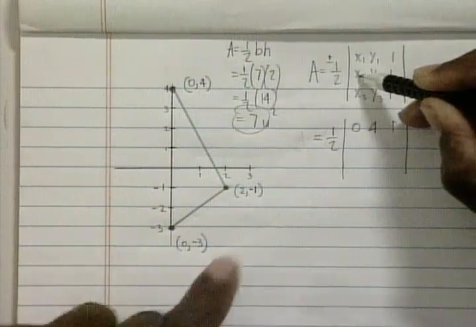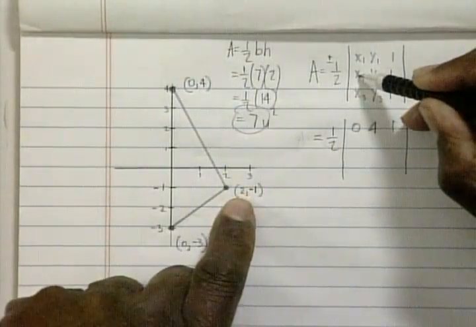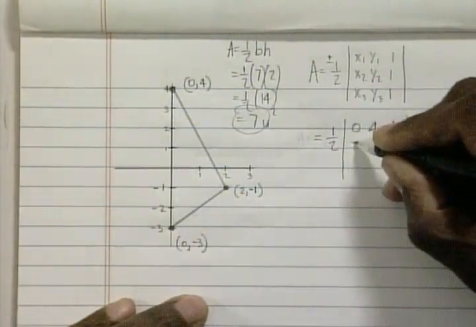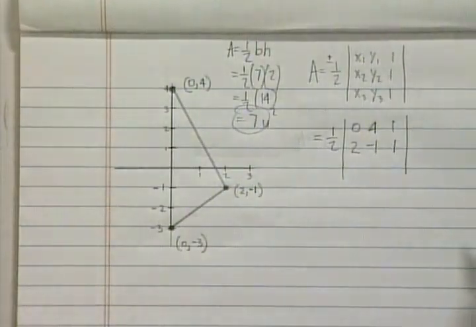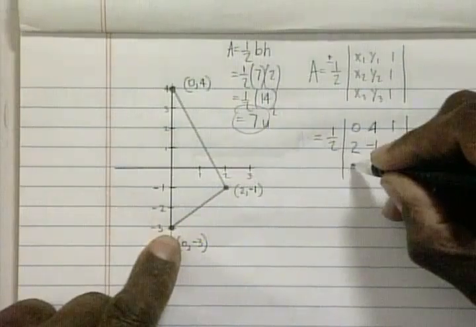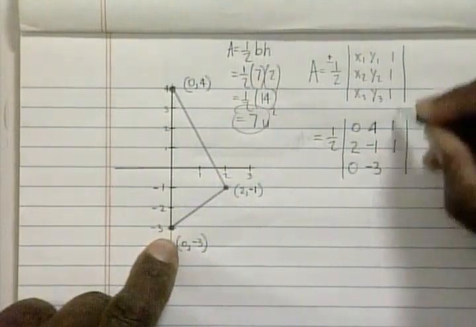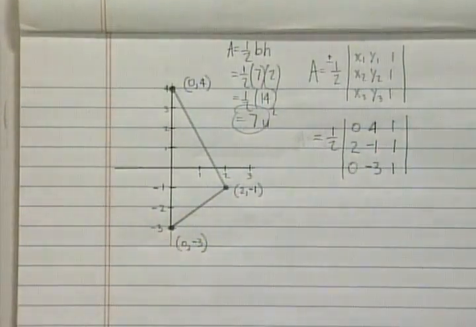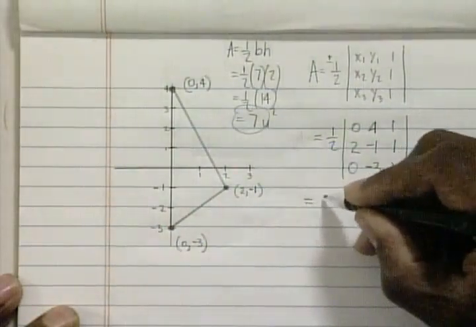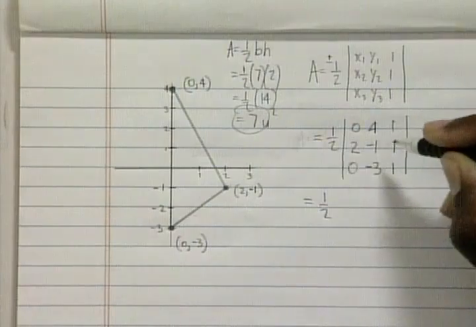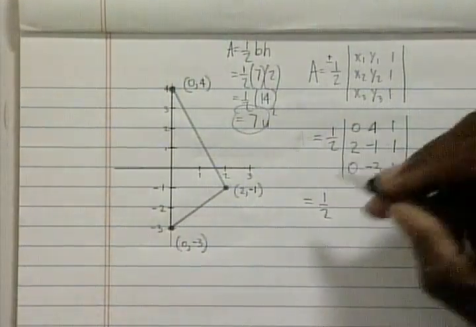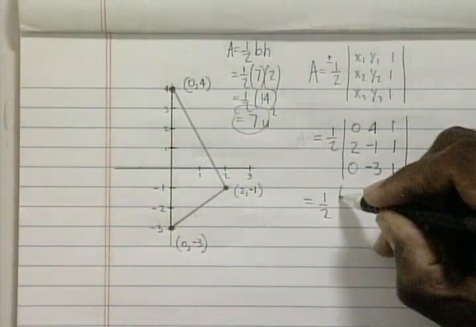Now the second point: that's 2, -1, and then 1 by rule. And then let's make the third point 0, -3, and then 1 by rule. Now we've got half, let's find the determinant of this matrix in a little bit different way than we did on the previous problems.